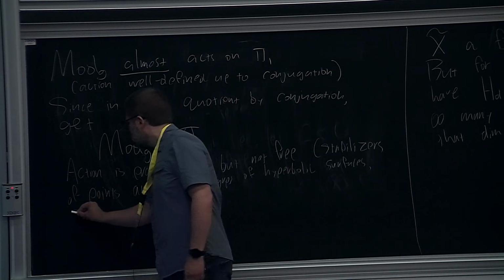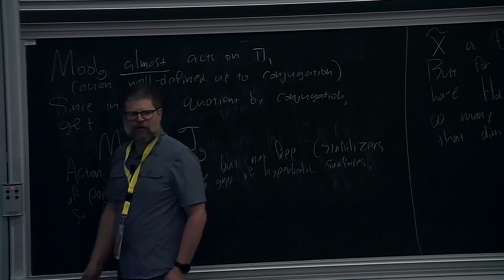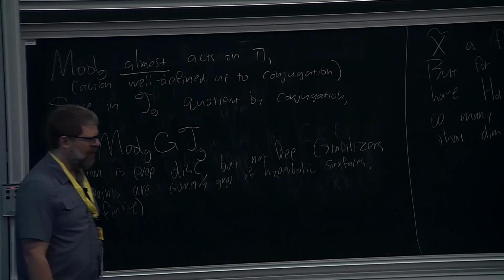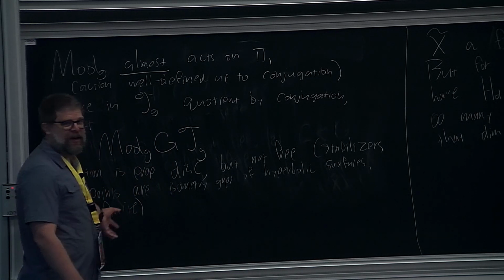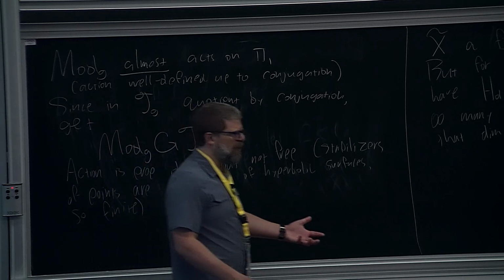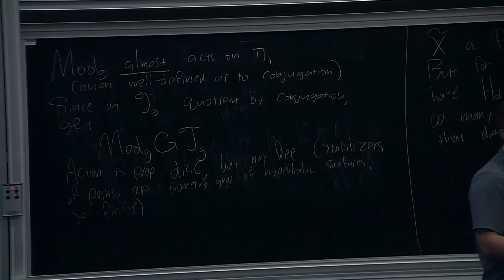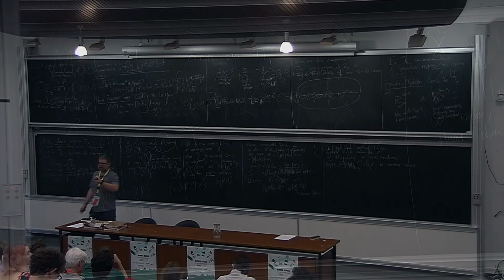If you have the isometry group of a hyperbolic surface, it's always a finite group. That's a consequence of negative curvature. The isometry group of any compact Riemannian manifold is going to be a compact Lie group, but because of negative curvature, it's actually a discrete Lie group, a compact discrete Lie group. So it's actually a finite group.